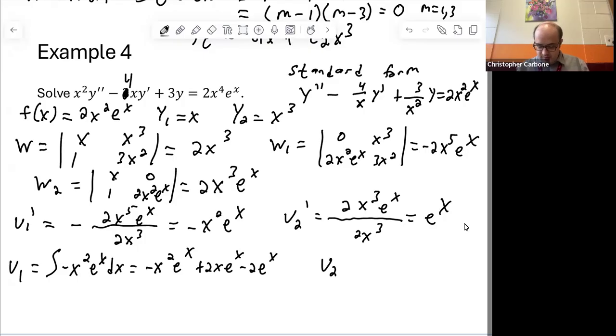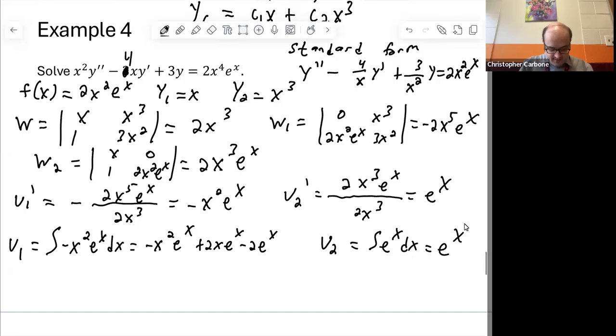And for u sub 2, this would be integrating e to the x dx, which just gives us e to the x back.